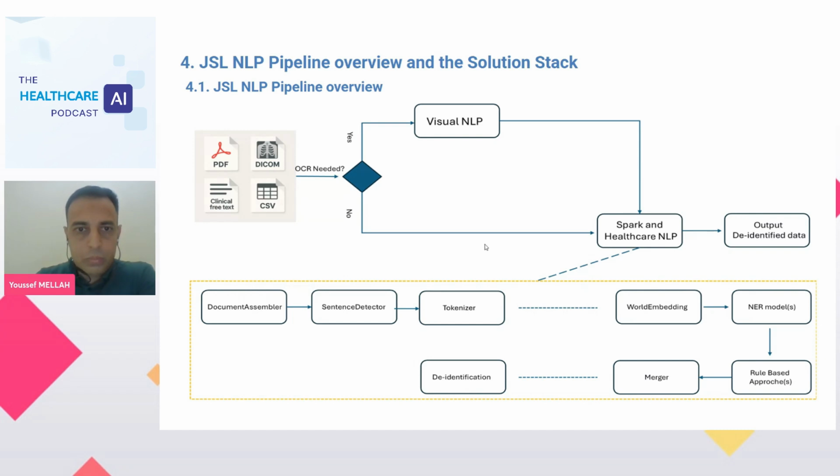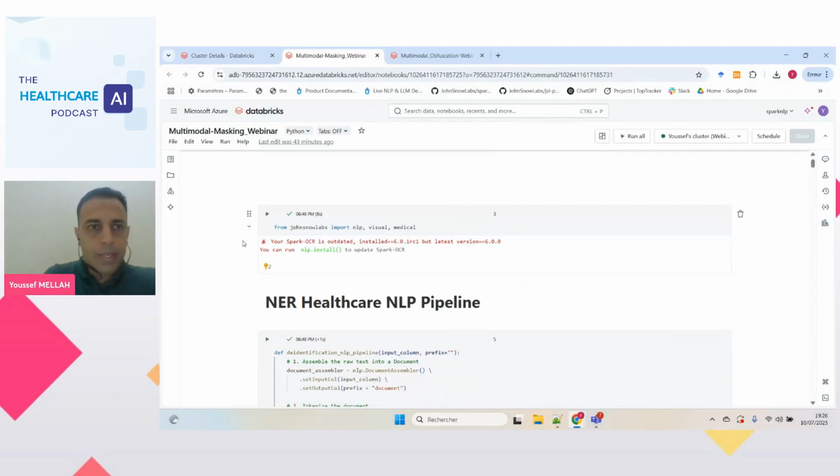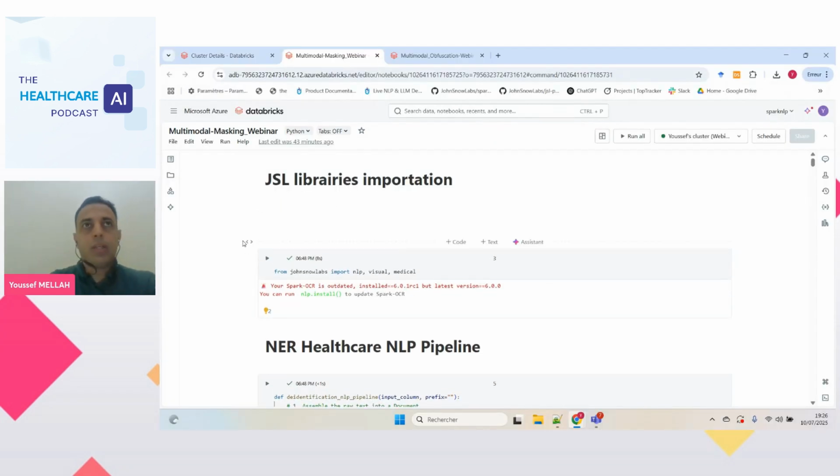So here is the first notebook. The case study is that we assume we have just one patient named Martin Chad, with one clinical note, one scanned PDF, one structured data file, and one DICOM file.